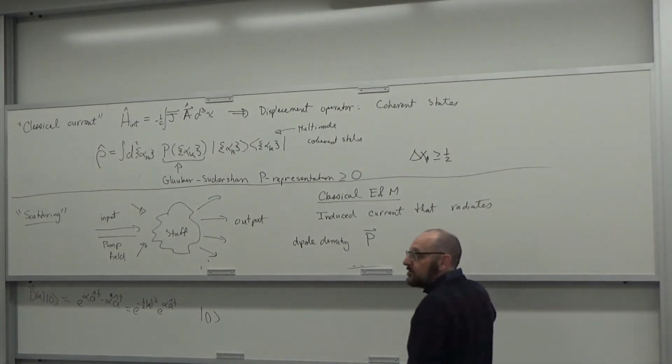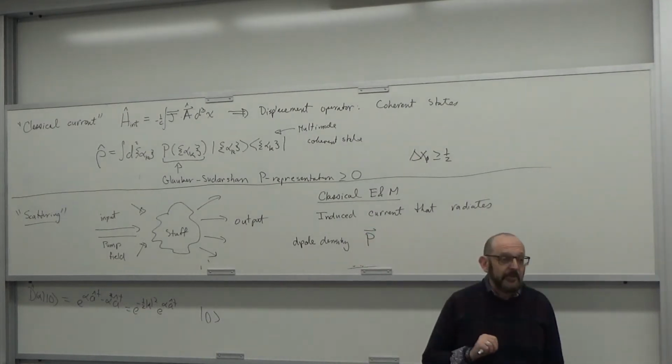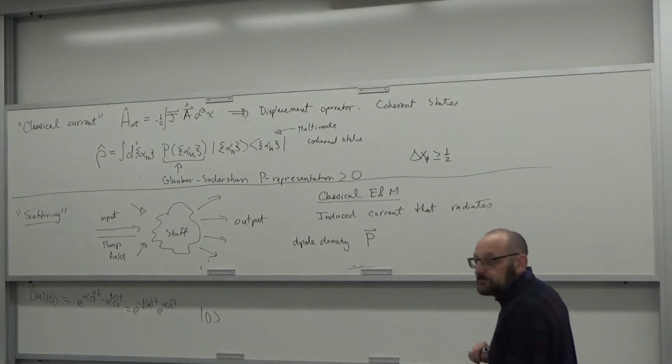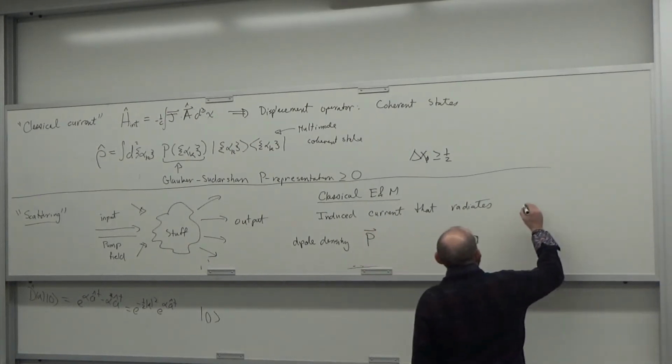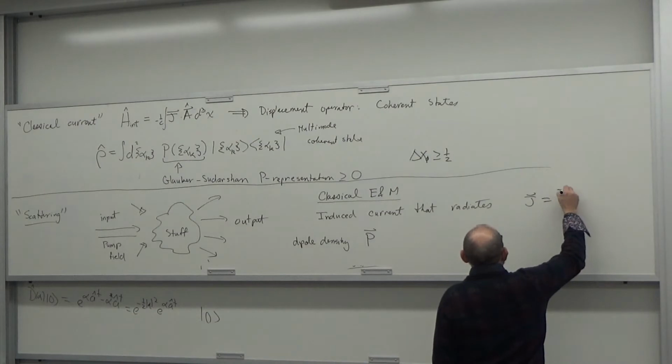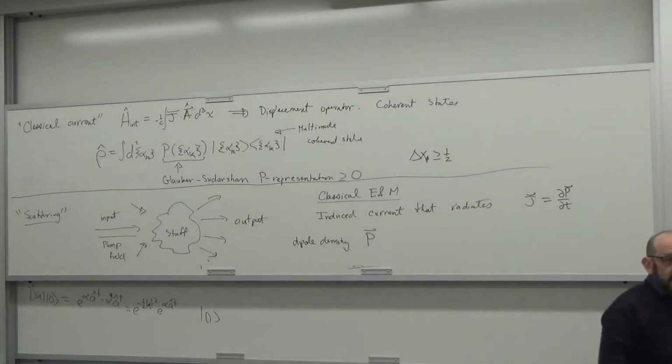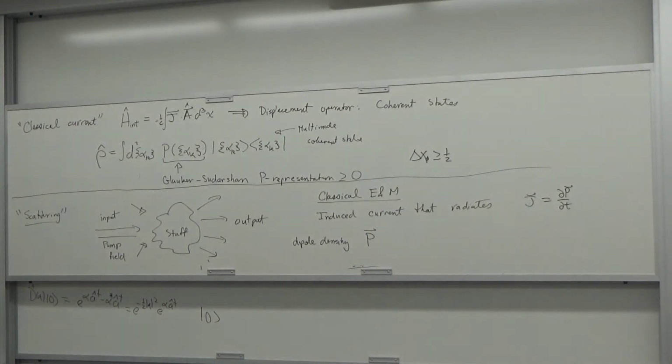It's the amount of dipole per unit volume. That is the thing that radiates, right? The current is the derivative of the dipole. It's the dipole oscillation.